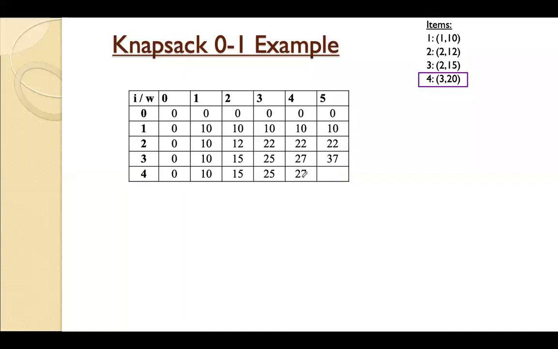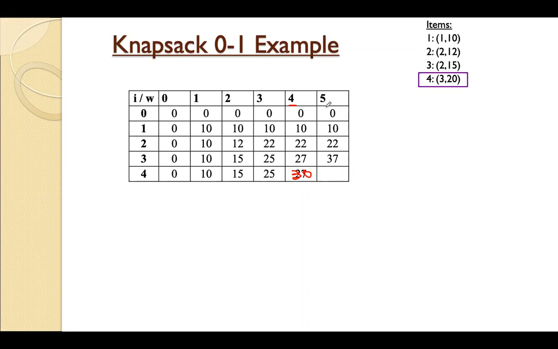Okay, it's wrong here, the value should be 30 here. Because when W is 4, I can take two items of total weight 4. So 1 plus 3 is 4, and 10 plus 20, profit will be 30. So this should be 30.